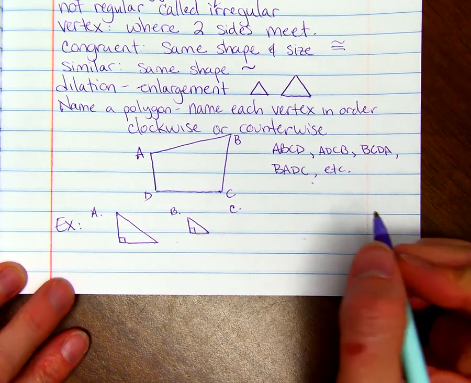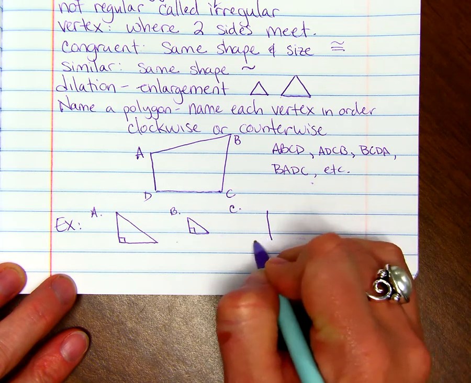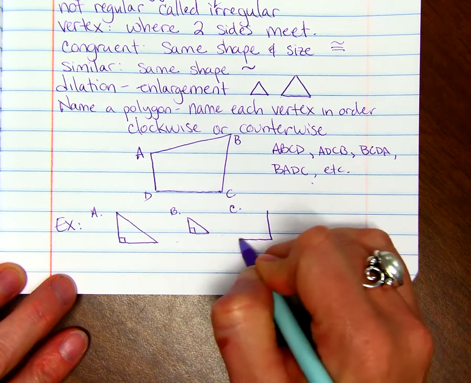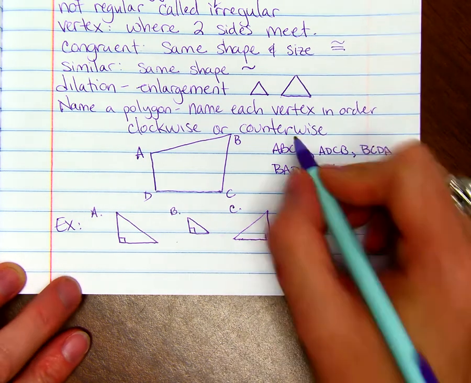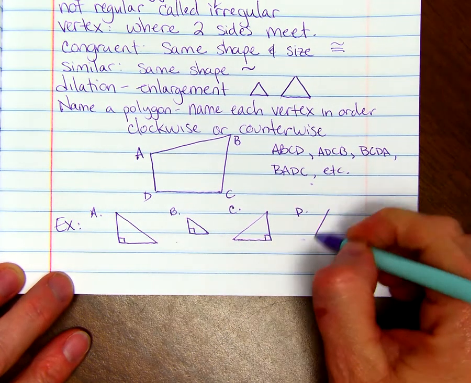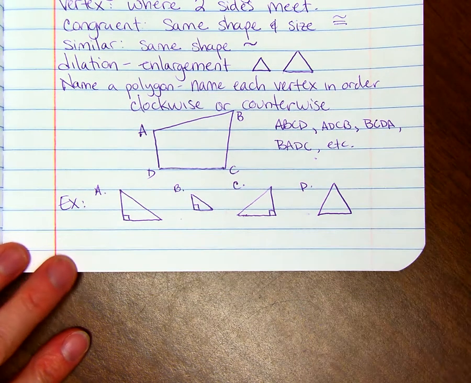C, we're going to draw the same triangle as A, but only put it backwards. So try to make it about the same side lengths as A. And then D, we're just going to draw a random triangle that's acute. All the angles are acute.